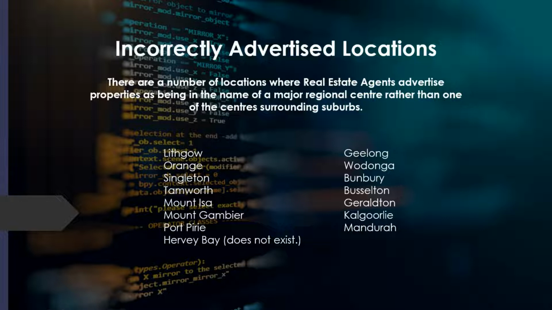South Tamworth, for example, if you did an analysis on South Tamworth, you would find that there are 6 properties advertised as South Tamworth, but 21 properties that are actually in South Tamworth have been advertised as Tamworth. Once again, this is not an issue that you need to be concerned about.